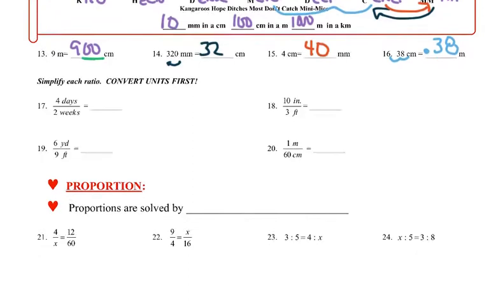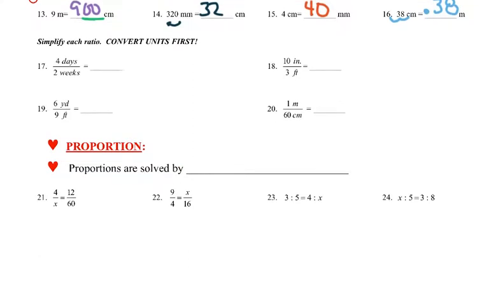Now we kind of do these ratios where we've got to convert the units first, then reduce the fraction. 4 days, 2 weeks. First I have to get them both in days. How many days are in 2 weeks? You're right, 14 days in 2 weeks. Then I'm going to divide both sides by 2, so I get 2 days over 7 days.